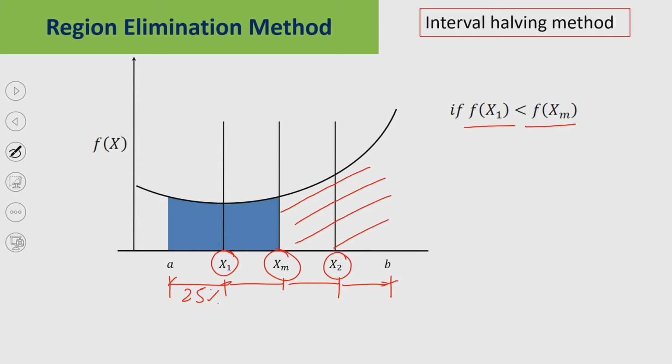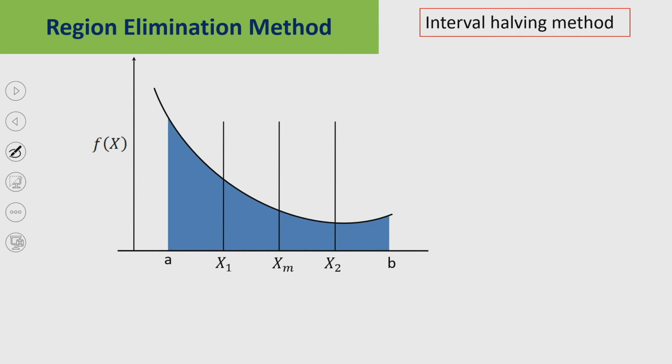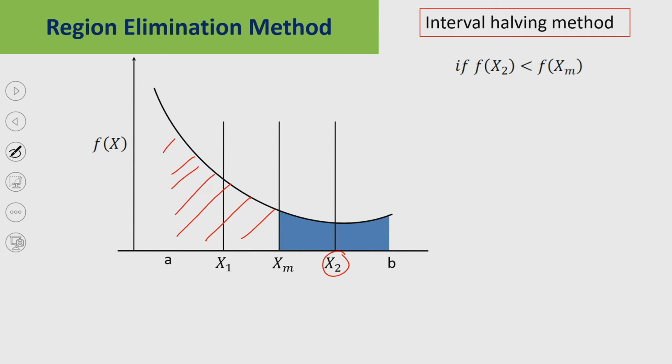How much are you eliminating? You are eliminating 50% of the area. For this particular condition, if f of x 2 is less than f of x m, in that case optima is not there in this particular region. So, you can eliminate 50% of the area, is it not? So, this area you can eliminate.